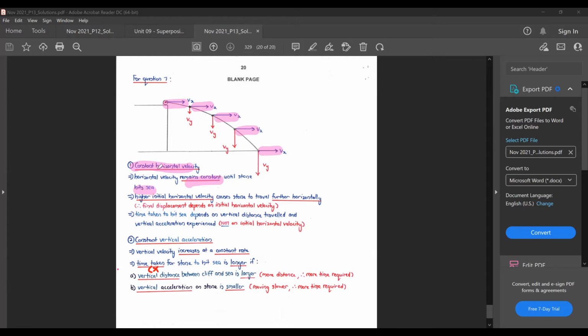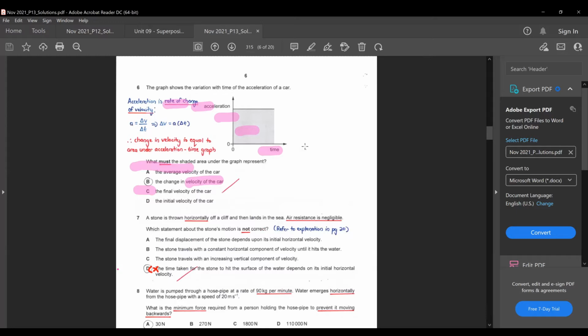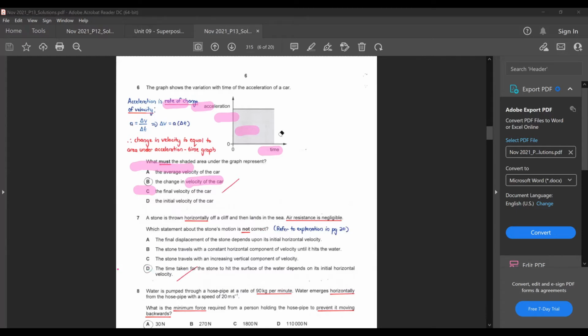So this one here would have made answer choice B correct. You would travel with constant horizontal velocity because air resistance is negligible. This is actually the important thing to note here.